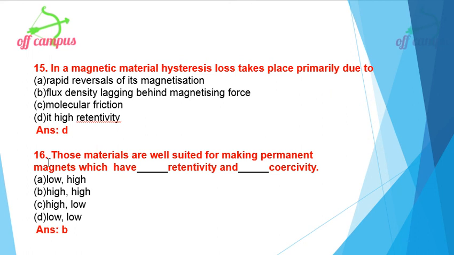Then 16. Those materials are well suited for making permanent magnets which have dash retentivity and dash coercivity. They should have high retentivity and high coercivity force. Both should be high. Option B is the right option.